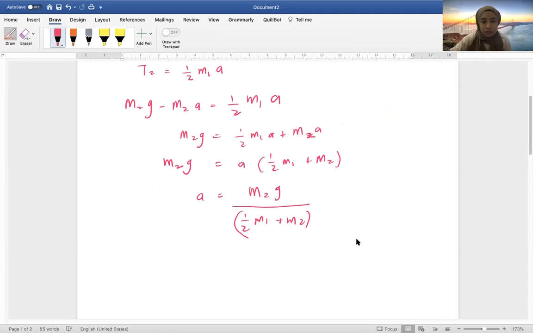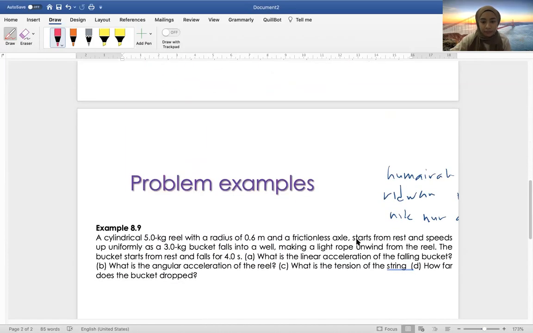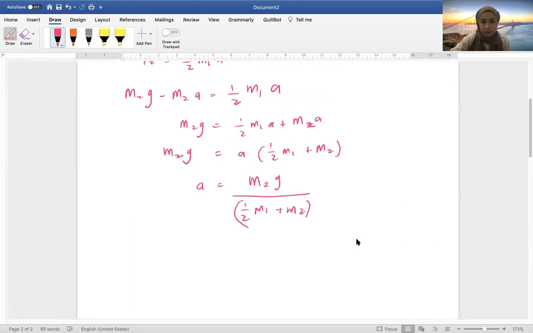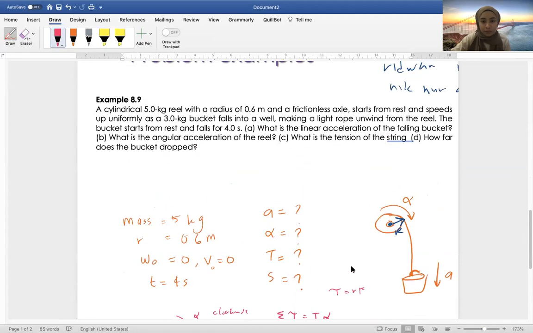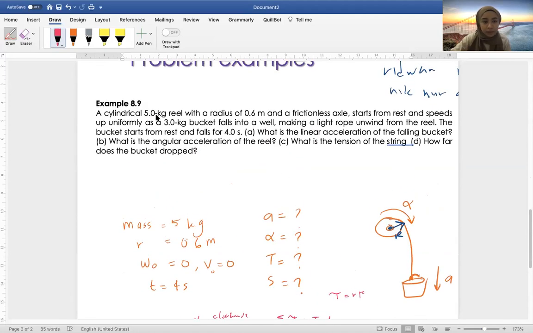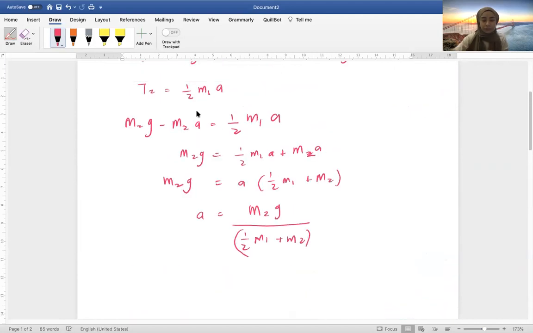So I know what M2 is. Let's see the question again. M2 is the bucket. The bucket is 3 kilogram. The pulley is 5 kilogram. So M1 is 5. M2 is 3.